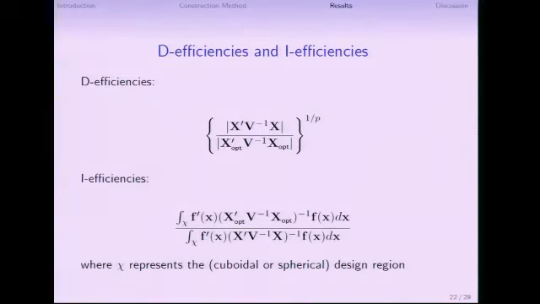The I-efficiencies that we report are with respect to the D-optimal design, and X here represents the cuboidal or the spherical design region. This criterion seeks to minimize the average prediction variance, so it may be more appropriate for response surface designs that are concentrated on prediction.